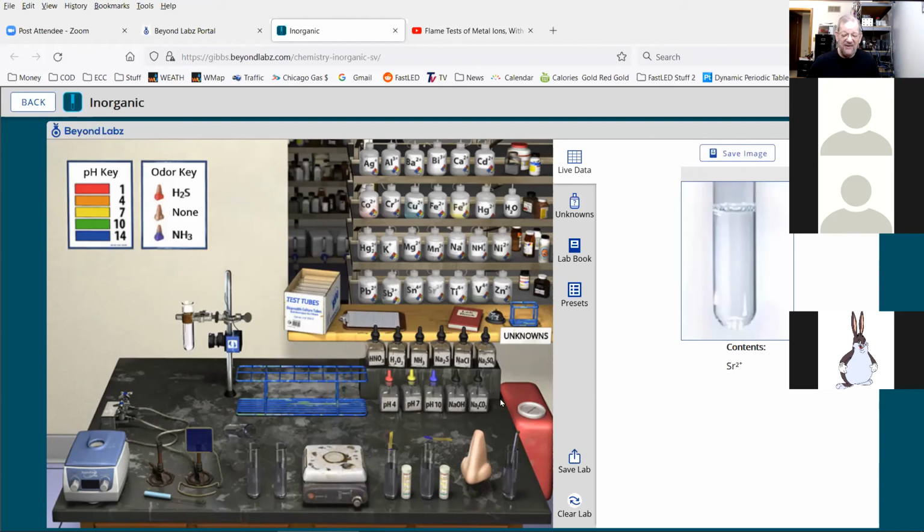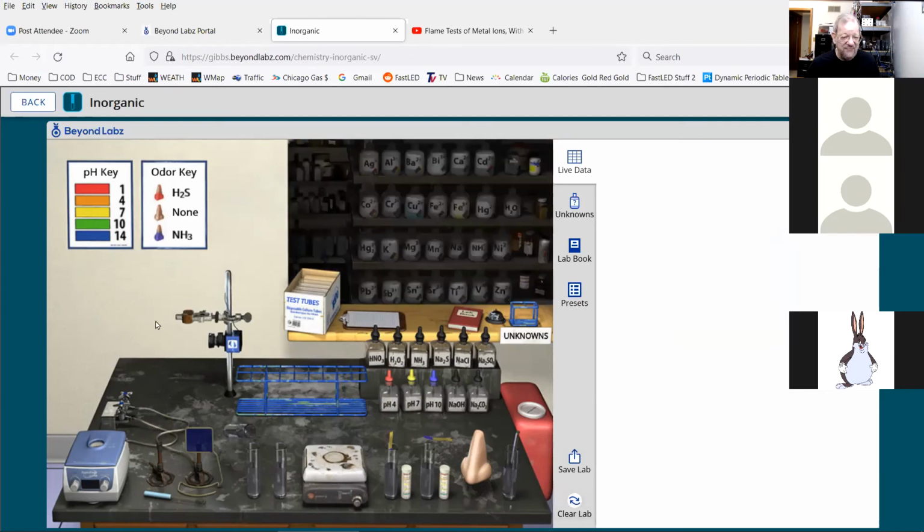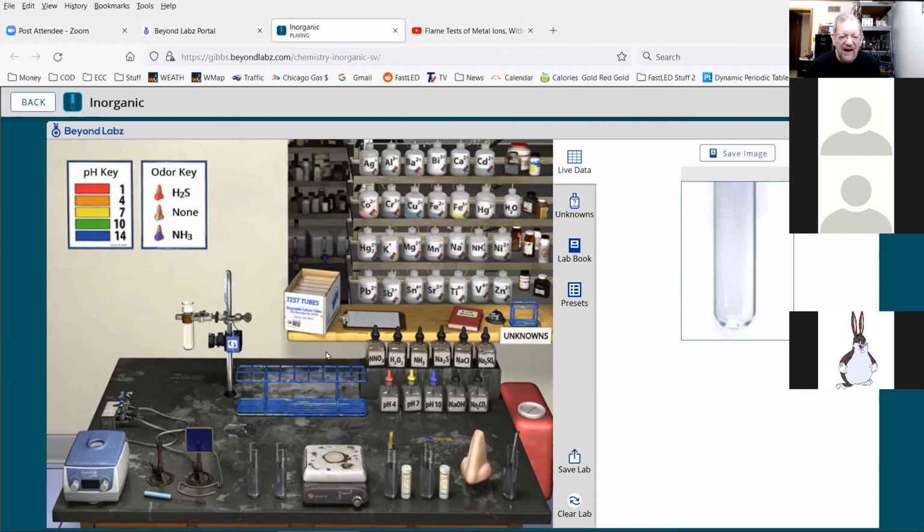Now, when you're done with that flame test, in the middle at the bottom where it says clear lab, click on it. I'm going to do another one. These are fun. And, oh, let's do sodium. Now, let's do iron instead. Iron +3.